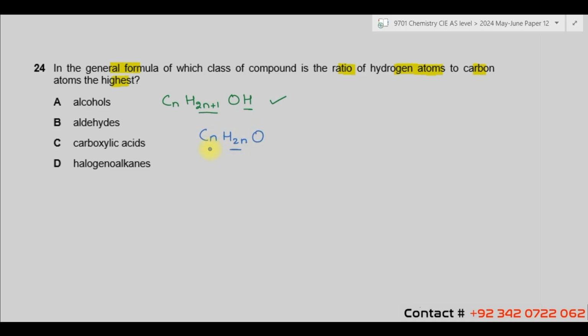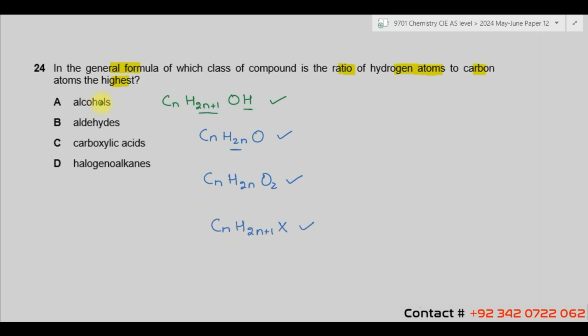Hydrogen is double as compared to carbon, so this is also correct. Then we have carboxylic acids, CnH2nO2. Still hydrogen is more. And we have halogen alkanes, CnH2n+1 and a halogen. So in all of them, hydrogens are more as compared to carbons.